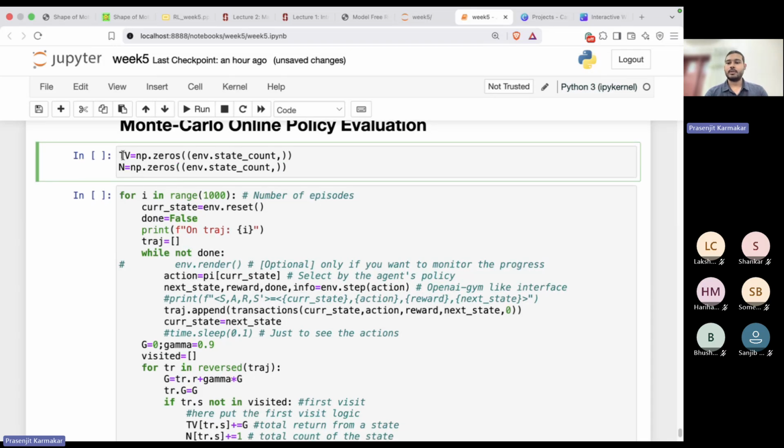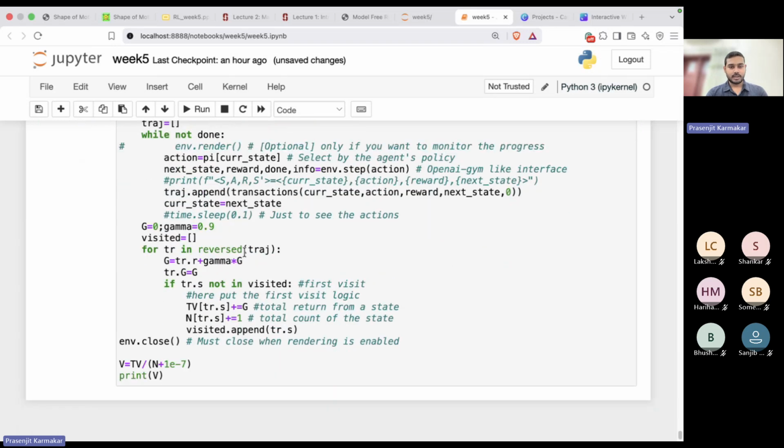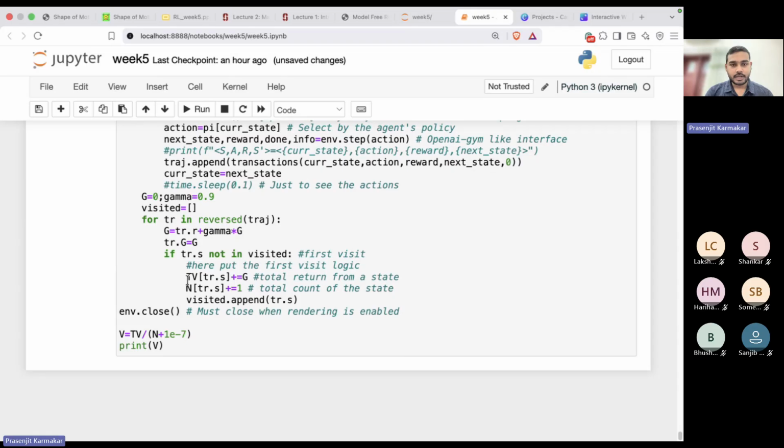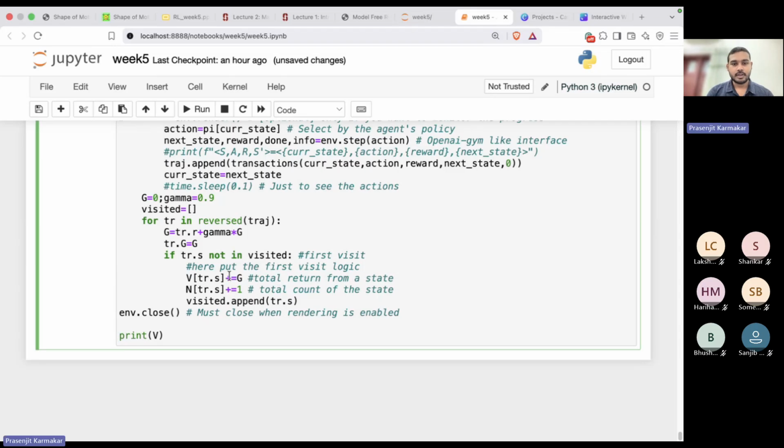And we are updating, we don't have to track TV. We can update from V only, right? Now for each state, we get the interaction, we estimate every G(S), right? But here, instead of updating it for TV, we don't have to do this anymore, we can just do TV(S) is equal to V(S) plus 1 divided by N(TRS) plus 1.